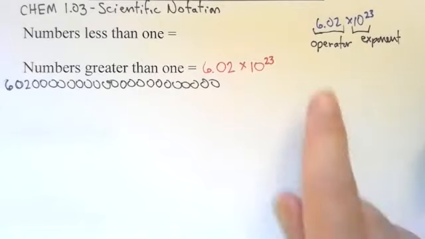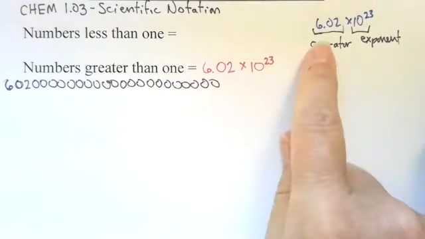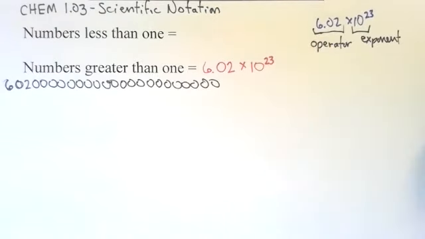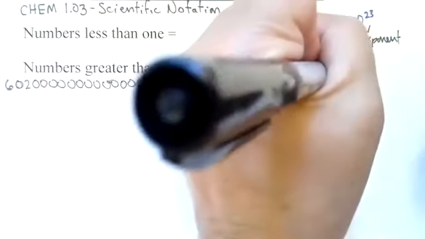Now, you'll see in some of the homework assignments, their operators aren't always in this form. It might say 11.235 or 36.0008. For the most part, for the operators, you want these to be 3 digits, and you want to have 1 digit in front of the decimal.